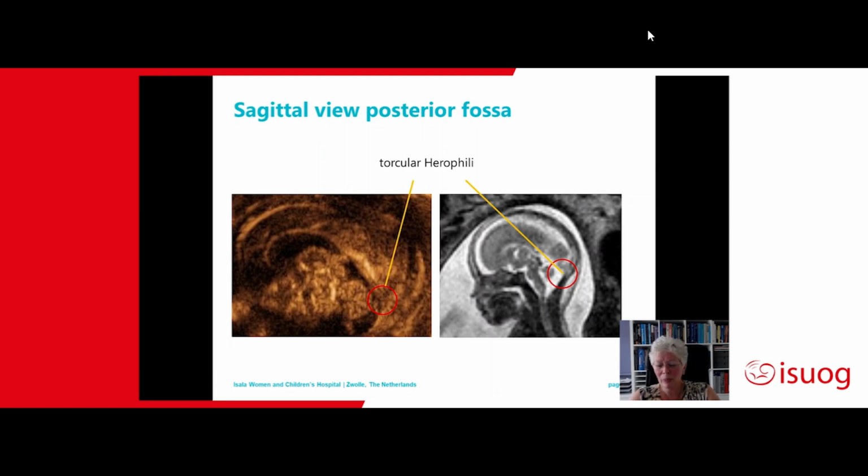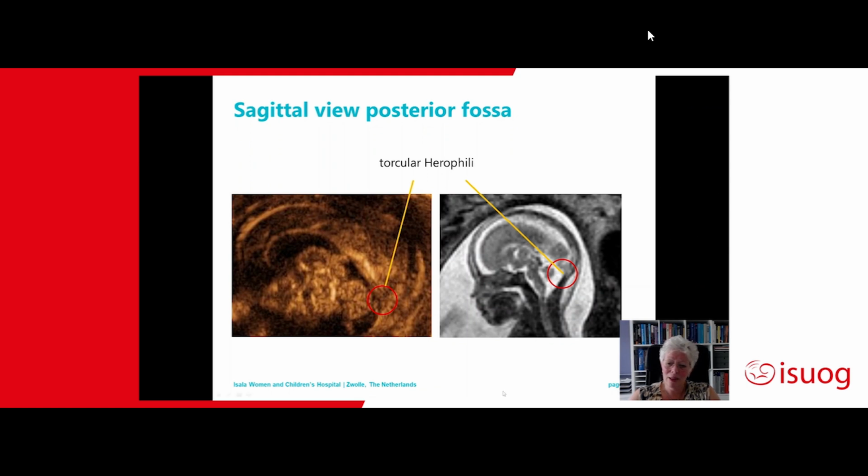The torcular is the place where the tentorium is inserted on the inside of the skull. And this is also the point where the superior sagittal sinus, the straight sinus and the transverse sinus come together inside the confluence of sinuses. And at the same point, the tentorium is inserted on the inside of the skull.